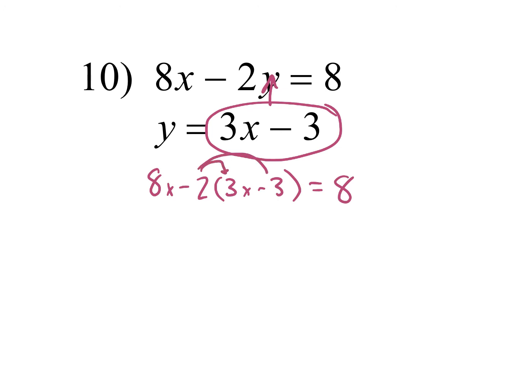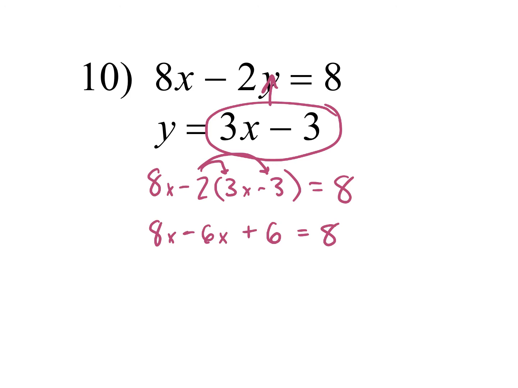Distribute. So I have 8x. What's negative 2 times 3x? Negative 6x. What's negative 2 times negative 3? Positive 6. What should I do next? Combine like terms.